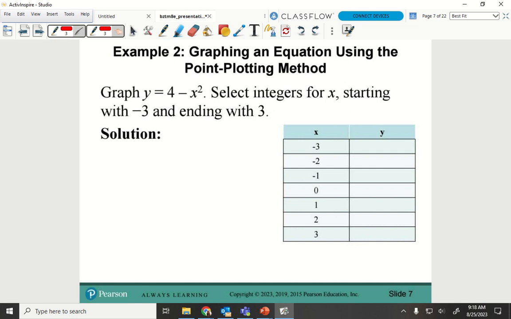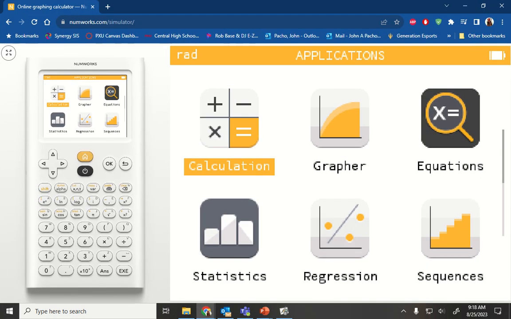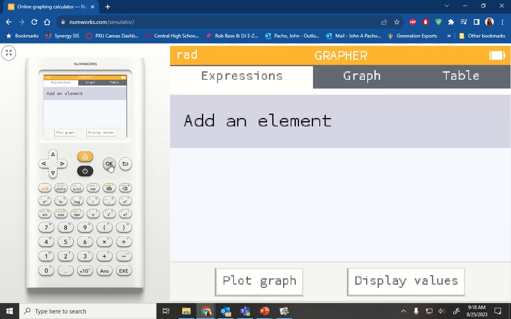All right, I'm going to bring up my NumWorks. A couple things, super neat. We're going to do some graphing here. So I'm going to arrow over, hit OK. Add element. My element is going to be, I'm just going to go OK.